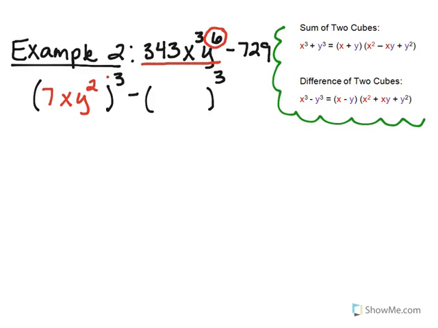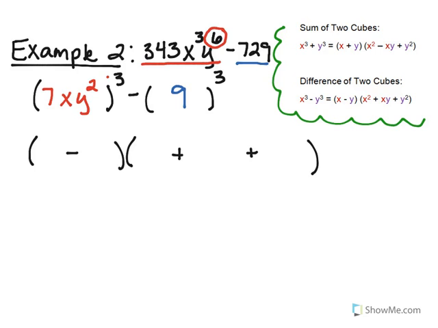Okay, that one was hard. Let's move on to the next one. So now 729. The cube root of 729 is 9. And now that I have my perfect cube set up, I can go ahead and plug it into my formula. So I'm going to have, let's see, a minus sign there, and then a plus, and then a plus, and a close parentheses.